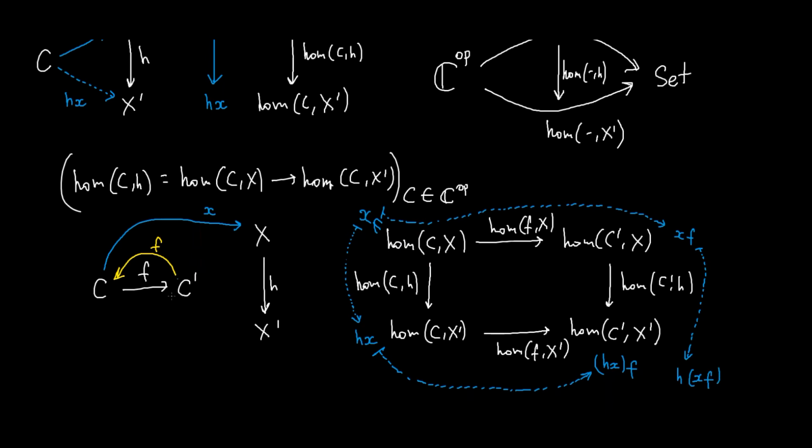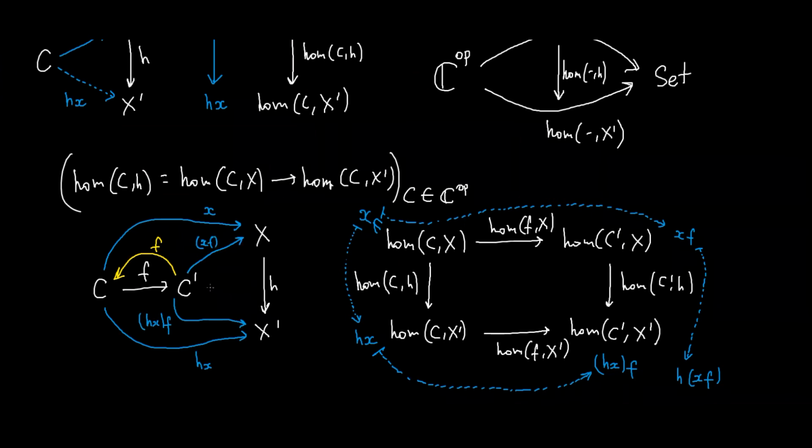So on this left-hand side diagram, what we're doing here is we first compose H and X. We get an arrow here, HX. Then we compose this thing with F. So this will be HXF. And the other path was first compose X with F. So we'll get XF.